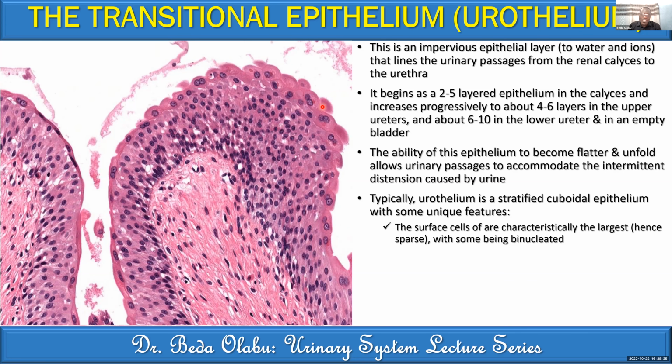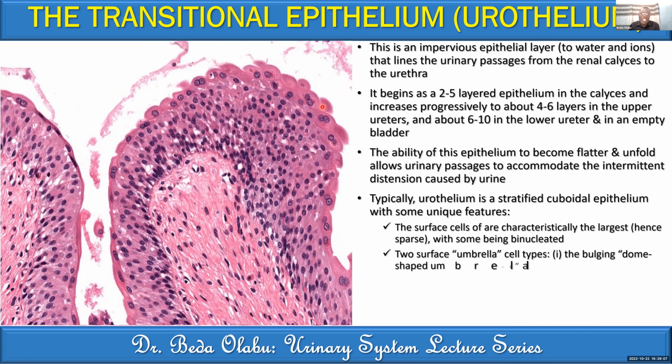Because they are large, the cellularity on the apical zone is not as much as the cellularity on the basal zones, because the cells at the basal zones have less cytoplasm, and so they appear smaller and clustered. The cellularity is high, but the apical zones have sparsely populated cells.